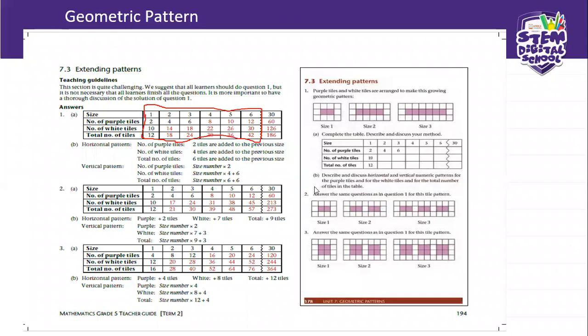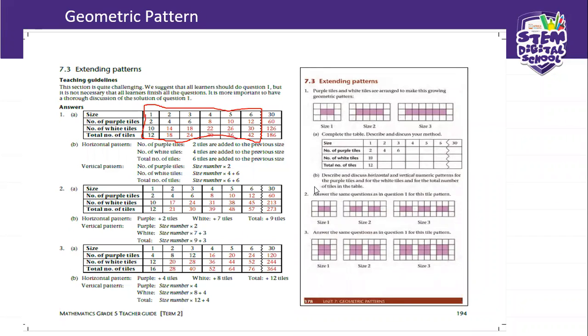How can I get the number of purple tiles? How can I get the number of white tiles? How can I get the total number of tiles? Just simply looking at it.